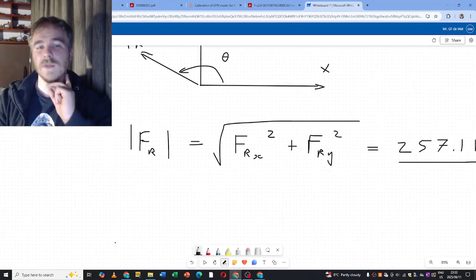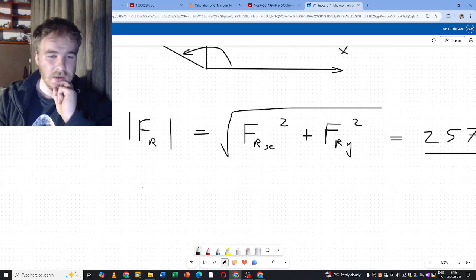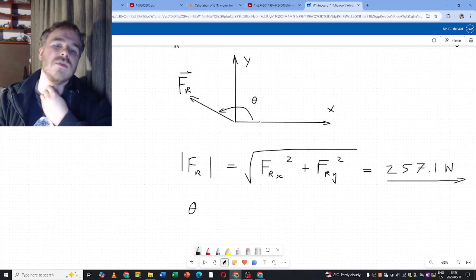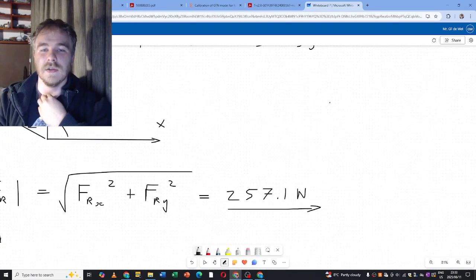And now we need to specify the angle. And the angle, the way we are going to calculate that, is we need to think about little triangles.